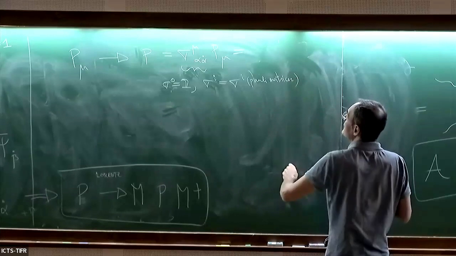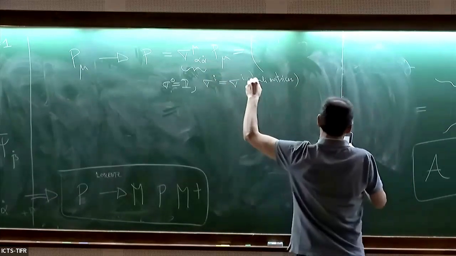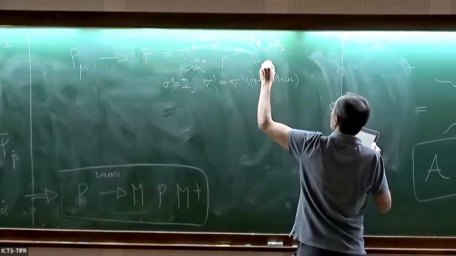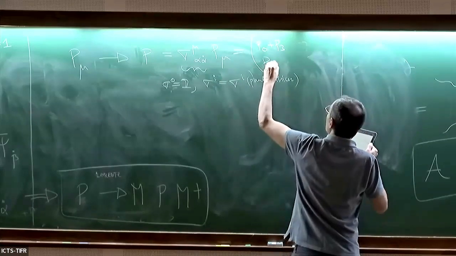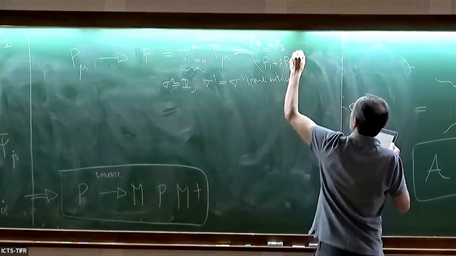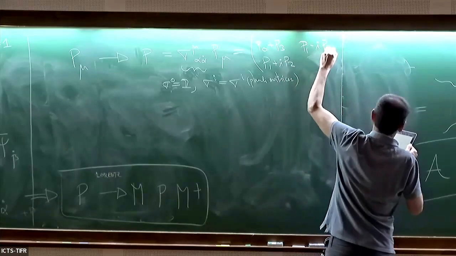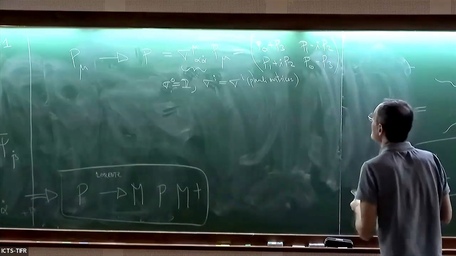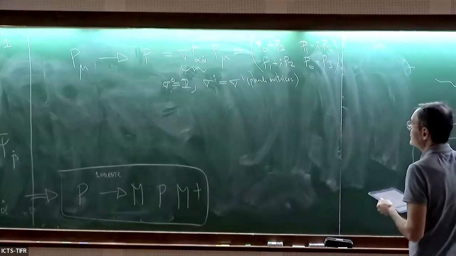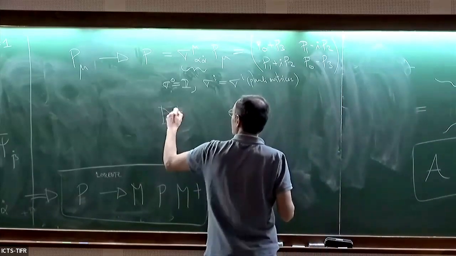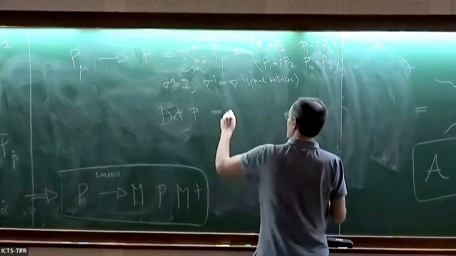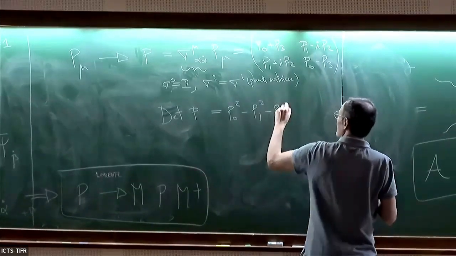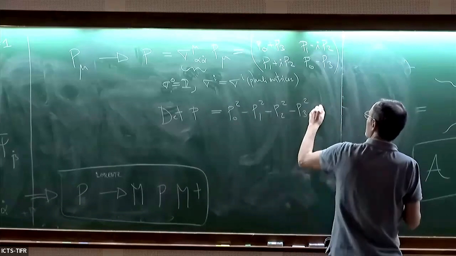If you write it explicitly, as a function of the components of P mu, this is P0 plus P3, P1 minus i P2, P1 plus i P2, P0 minus P3. You can check that the determinant of this P is P0 squared minus P1 squared minus P2 squared minus P3 squared, the four-momentum squared.